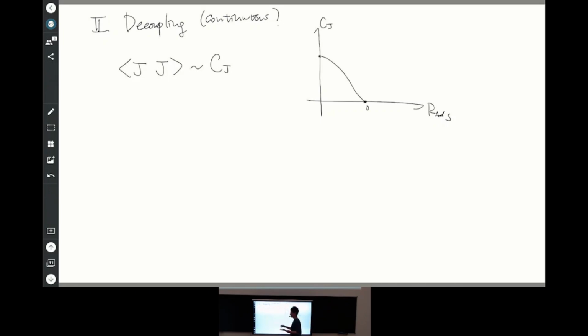And when it goes to 0, basically these currents decouple from other operators, because it becomes a null state. So this is the scenario they discussed, and I would say this sounds plausible.